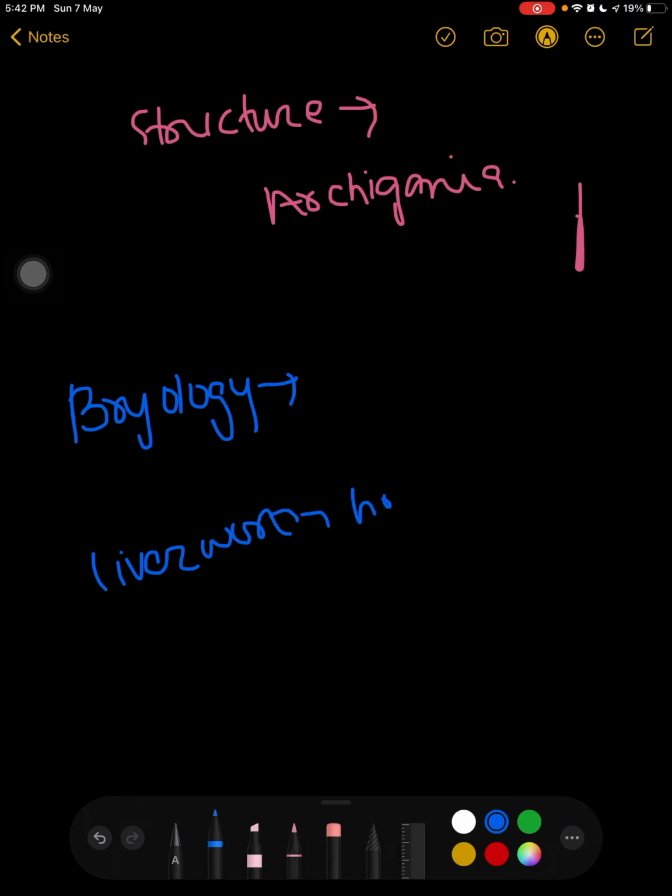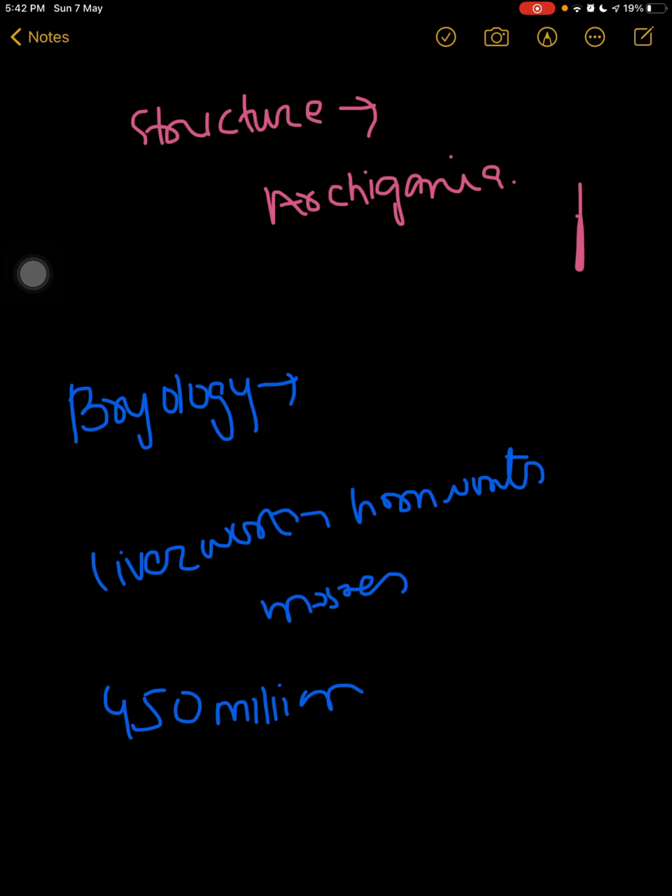Bryophytes first appeared 450 million years ago, and they evolved from the green algae. Bryophytes have heteromorphic alternation of generation with dominant gametophyte generation. The gametophyte generation is quite dominant, right?